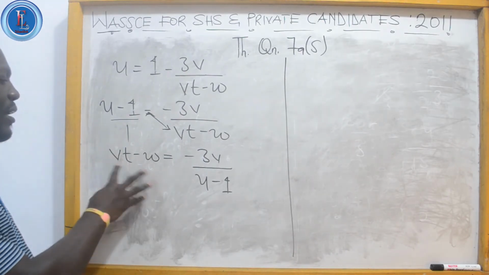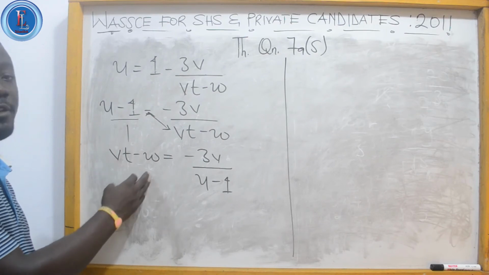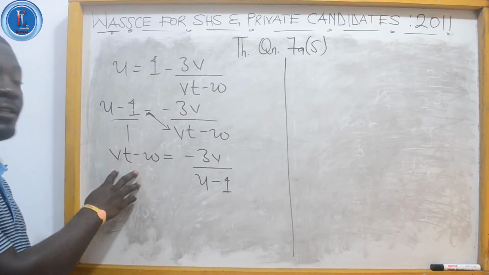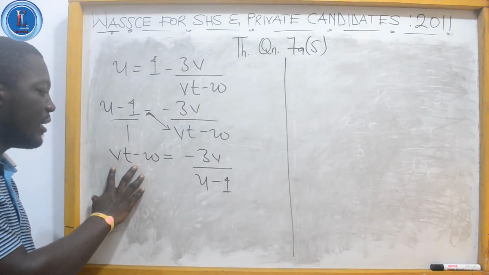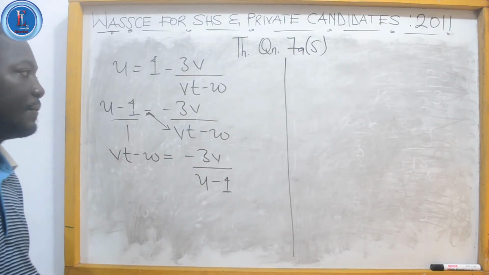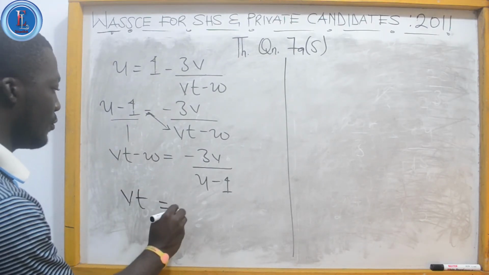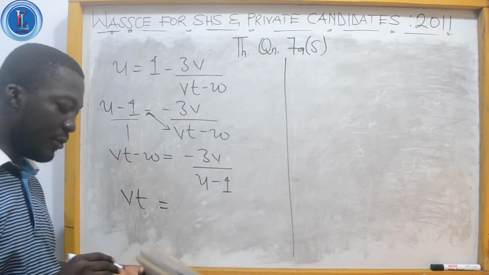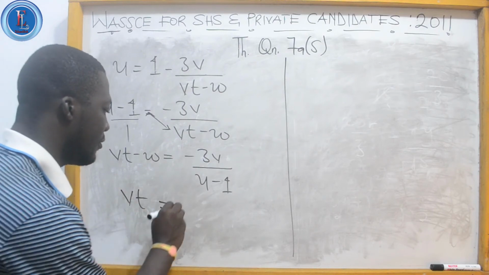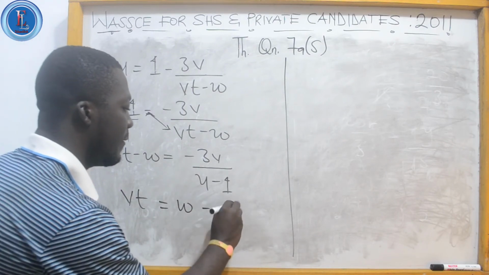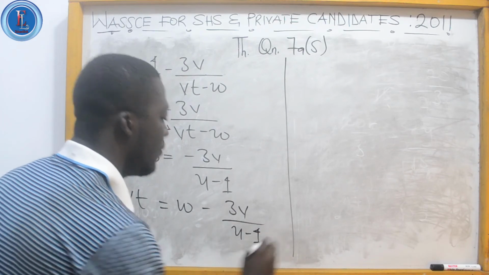Alright, now when you look at the left hand side, we have two terms, VT minus W. So we will send the W to the right hand side so that we will have only the term with the T. By so doing, we get VT is equal to, when negative W is transposed to the right hand side, it becomes positive, so W minus 3V divided by U minus 1.